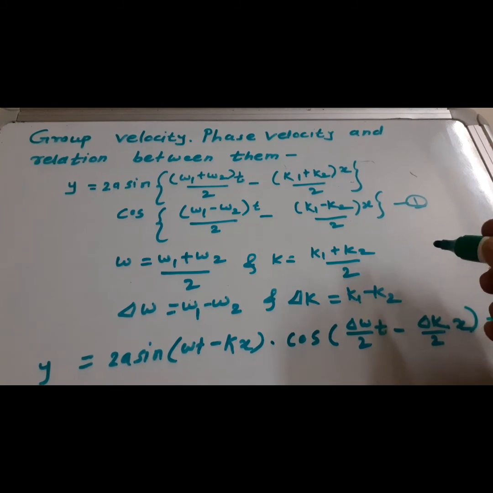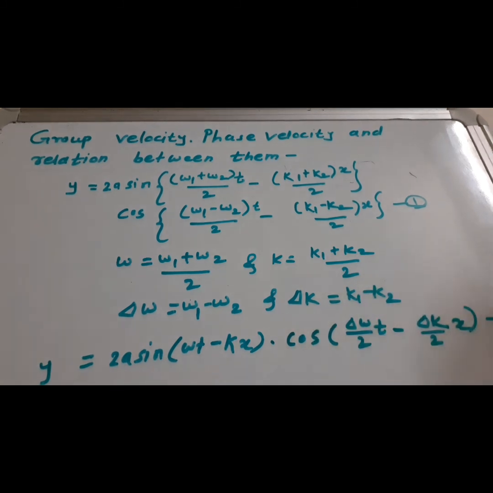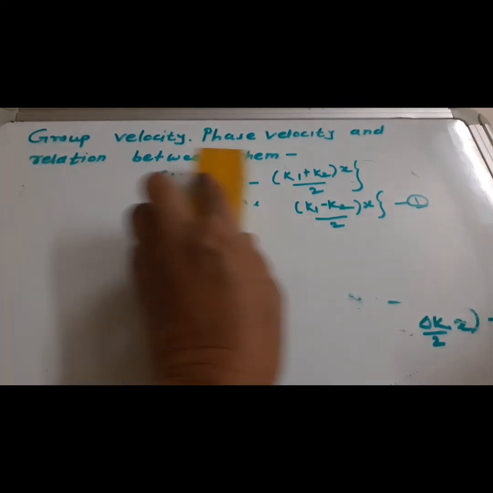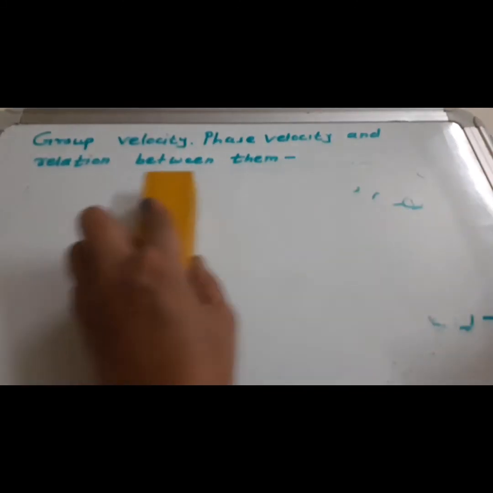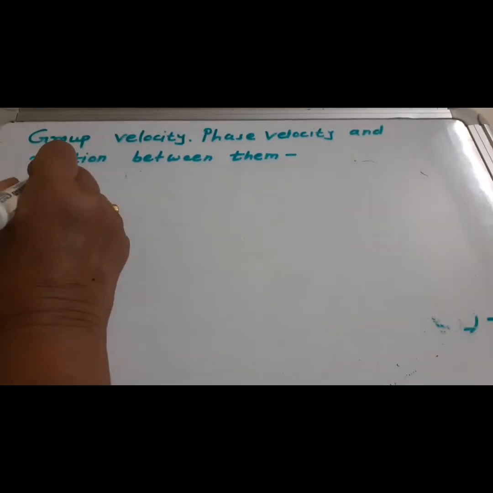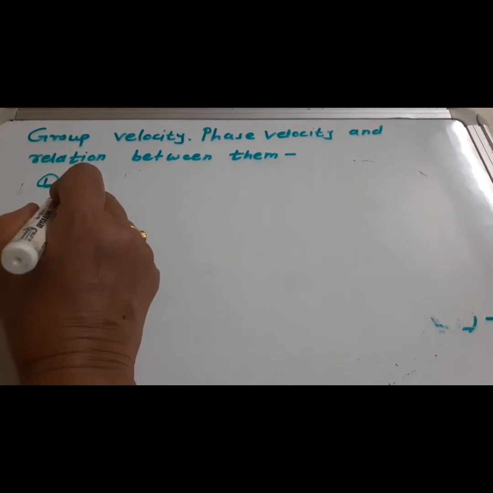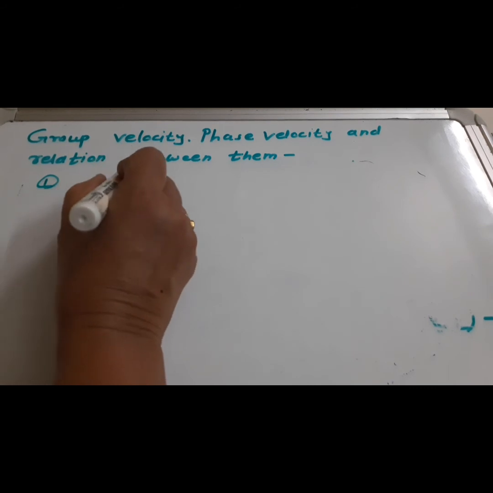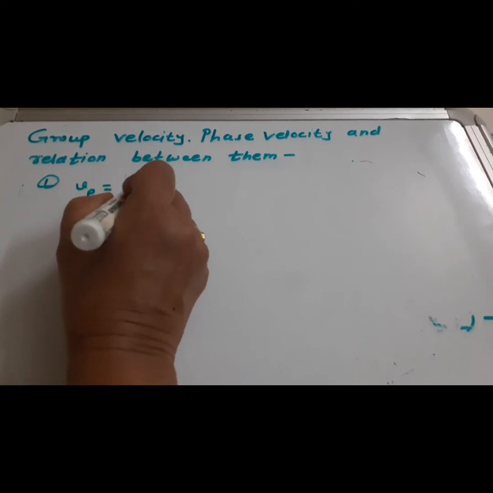Now this resultant equation has two parts. The first part is a wave of frequency omega, propagation constant k and velocity Vp. Therefore Vp is the phase velocity, omega upon k.